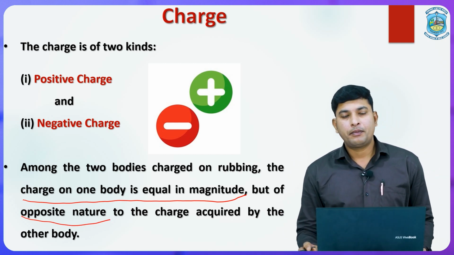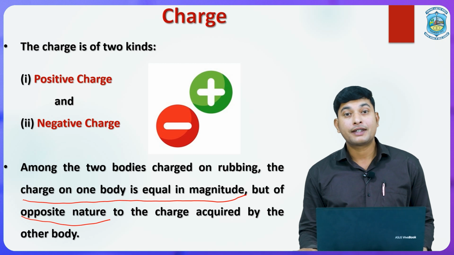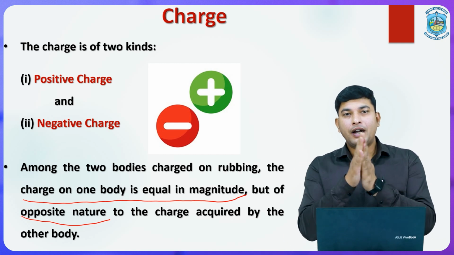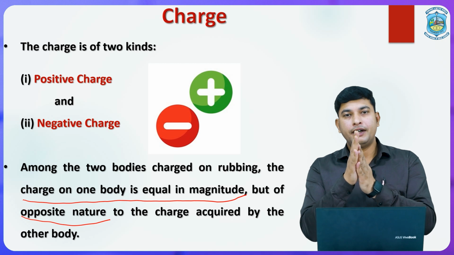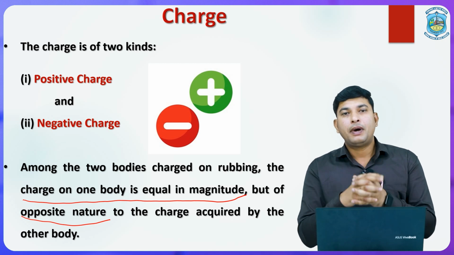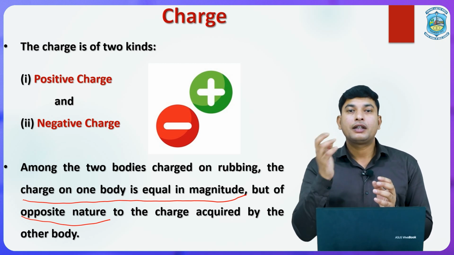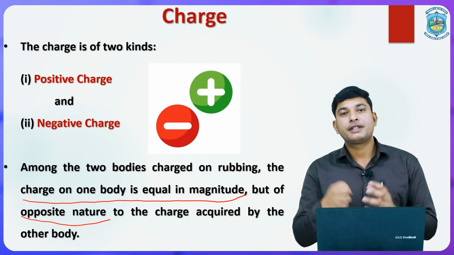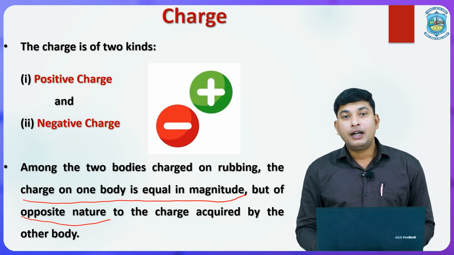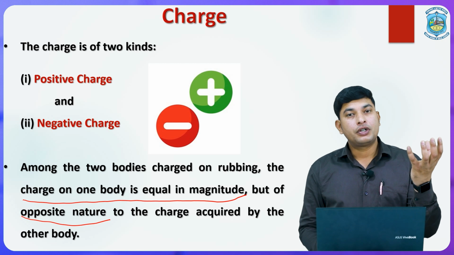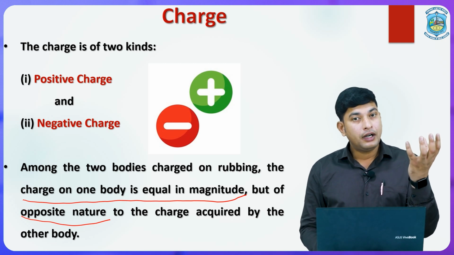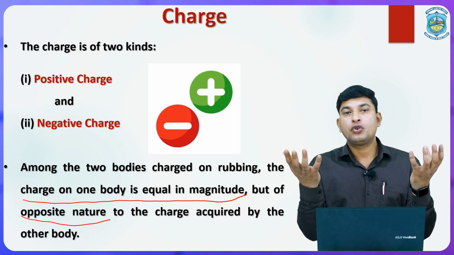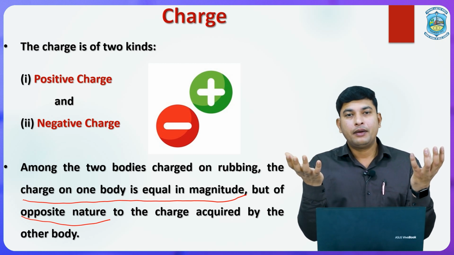As we discussed in the previous lecture, take the example of a glass material with a silk cloth. Once we rub them, charge particles transfer from one substance to another. From the glass, electrons transfer towards the silk, and the glass has a positive charge because of the loss of electrons, while the silk gets a negative charge because of the additional negative particles.